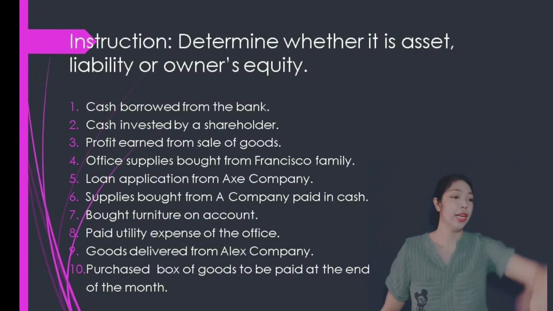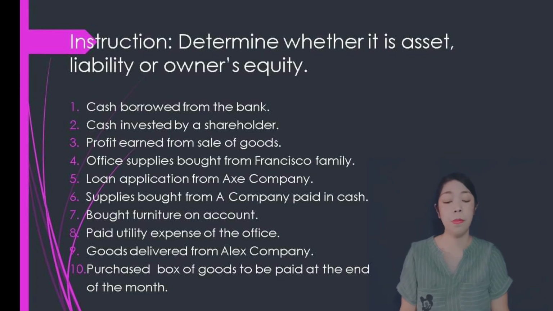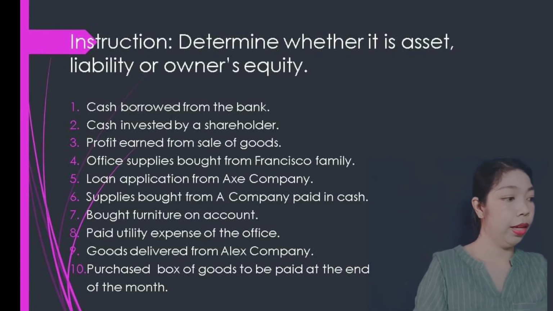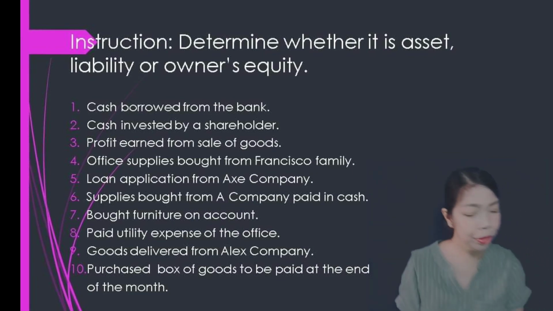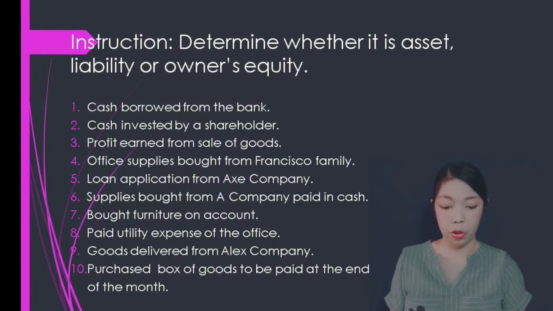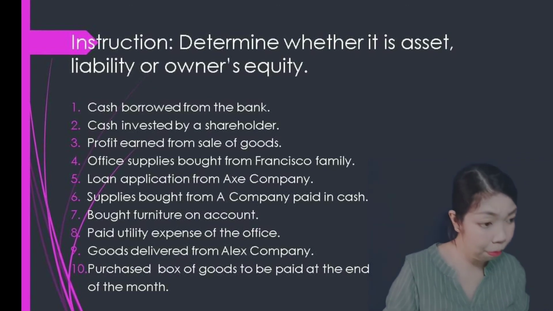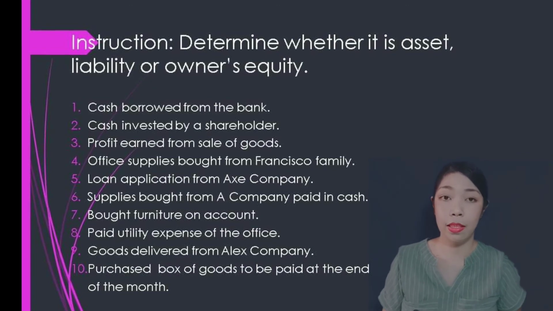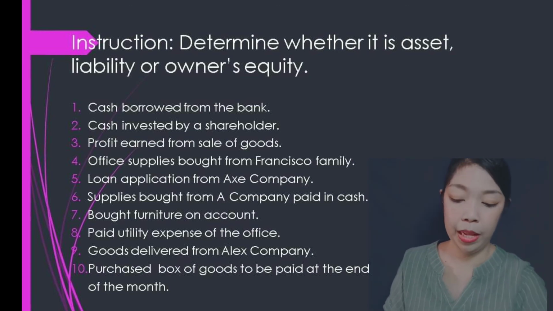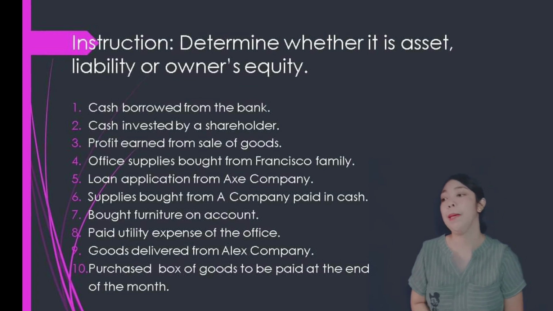Number 4, yes, Ashley. Office supplies bought from Francisco family. That is an asset. Very good. That's great. So you bought it from a company. It is paid. And of course, it is additional to your office supplies. Number 5, loan application from Axe company.